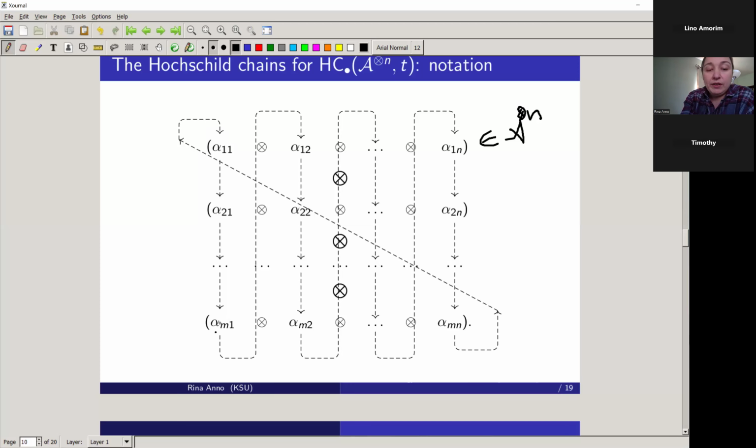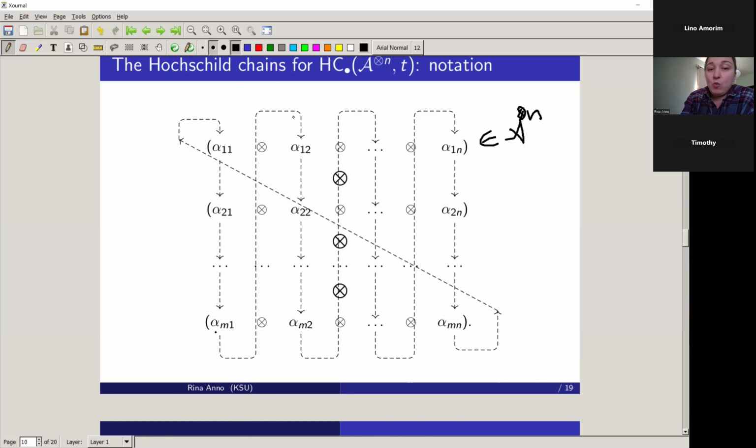When the last row goes to stand before the first row, it gets shifted by t, by the long cycle. So A_{m1} now goes to the second position. A_{m1} has to be composable with A_{12}, and so on.